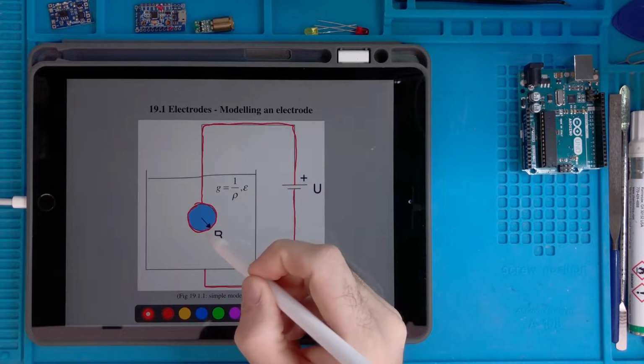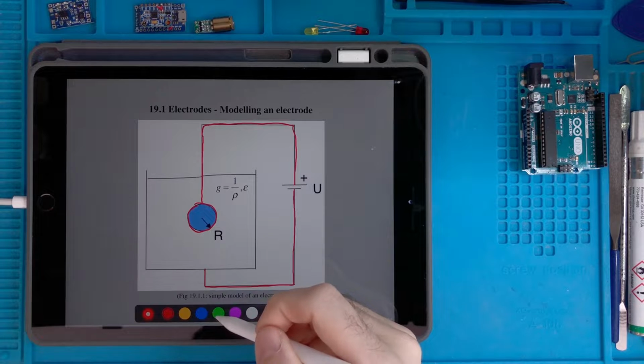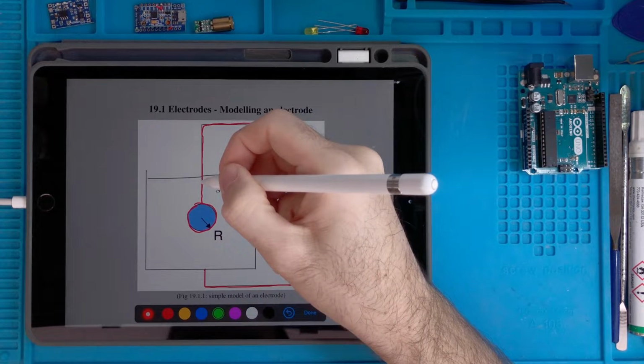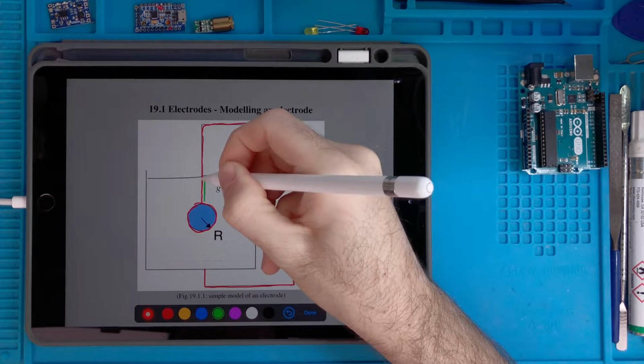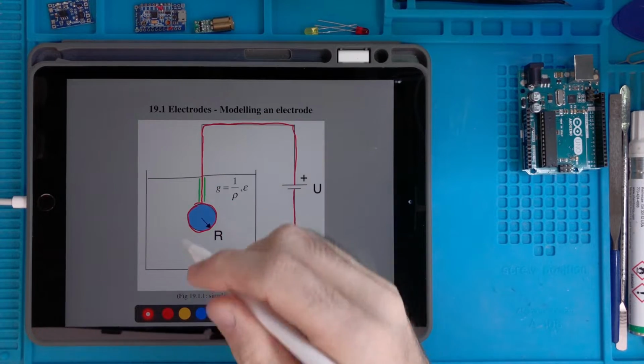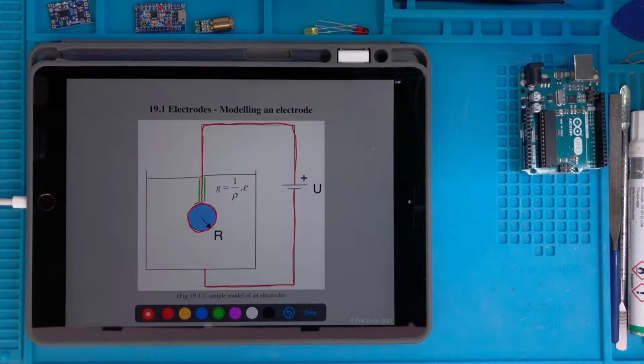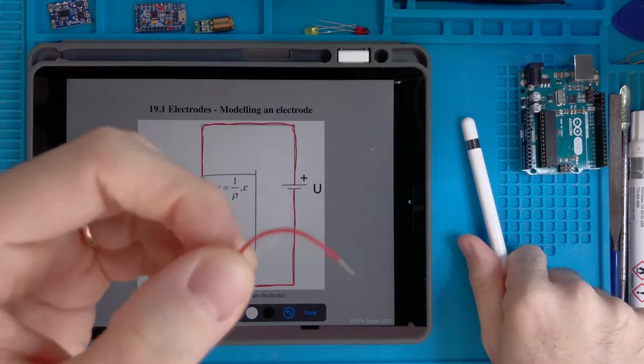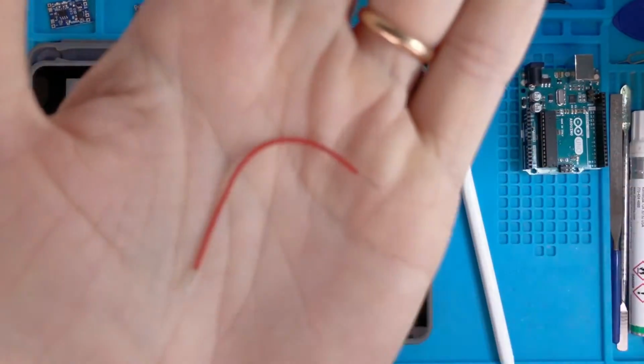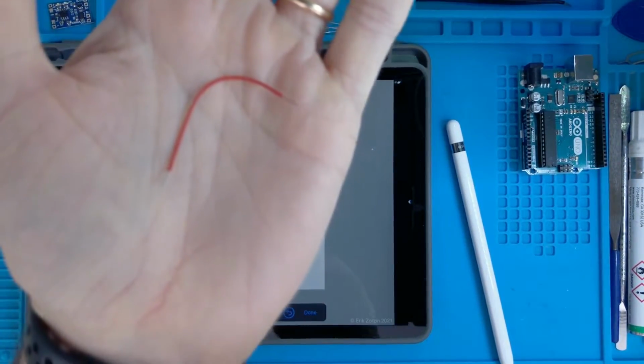The sphere has a certain radius, and one important thing is that this wire here will have a coating, so it will be insulated. Just to be more clear, it will be something like this piece of wire here.